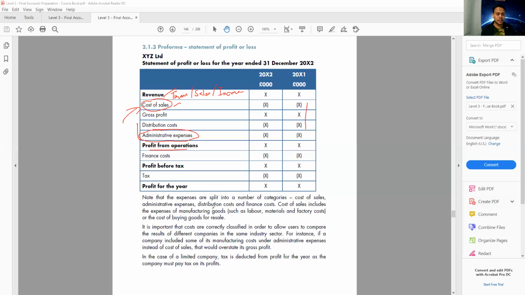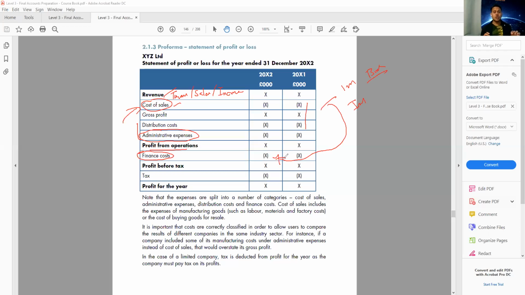After that, we do the finance cost separately. The reason is that finance cost is also an allowable expense for tax purposes. For example, if a business takes a loan of 1 million from the bank, whatever the interest is, that is also an allowable expense for tax purposes.